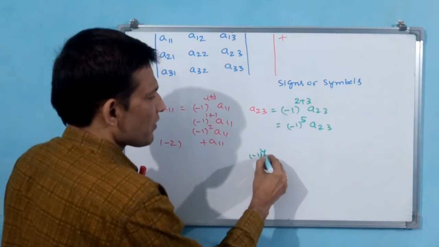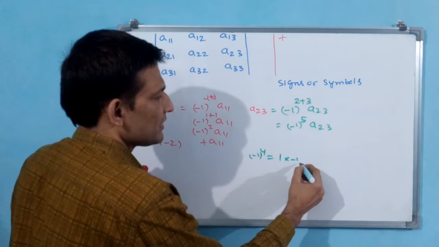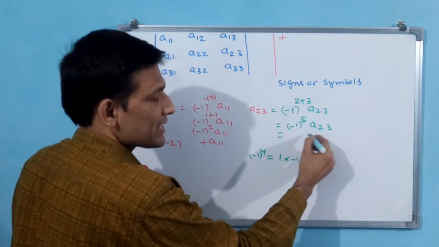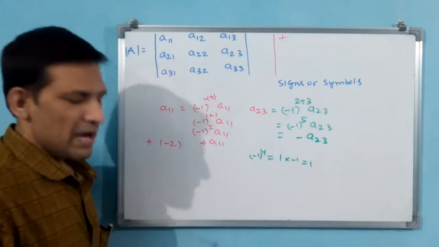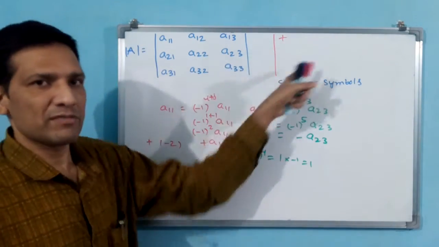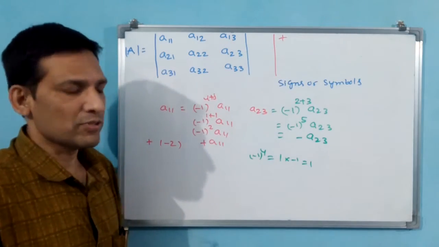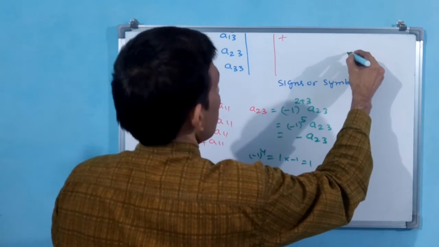Minus 1 to the power of 4 means 1 will come, but again you are multiplying with minus 1, that means minus 1 is going to come. So you have to take minus A23. Minus you are taking means multiplication by minus 1; plus you are taking means multiplication by plus 1. Like that you have to think. That means A23 here comes with minus.